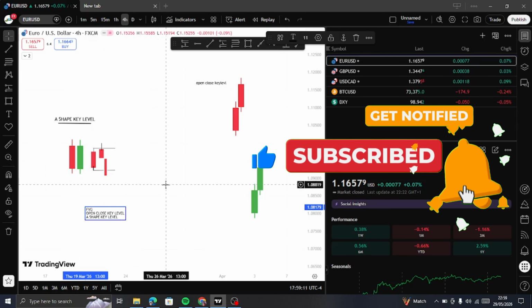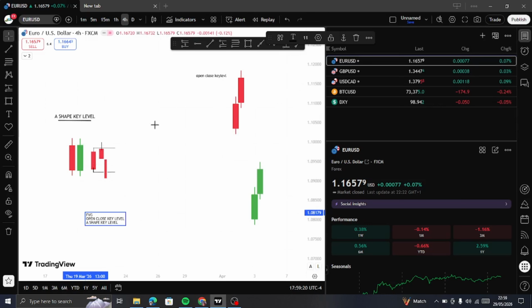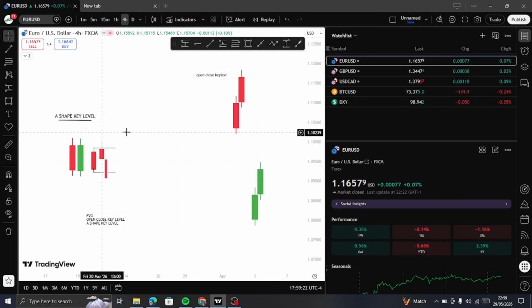So I'll be breaking them down theory one by one, how you can use them to trade your reversal strategy you are trading.